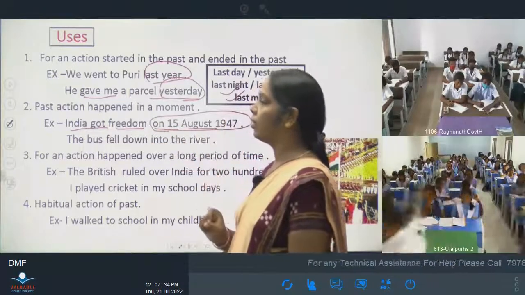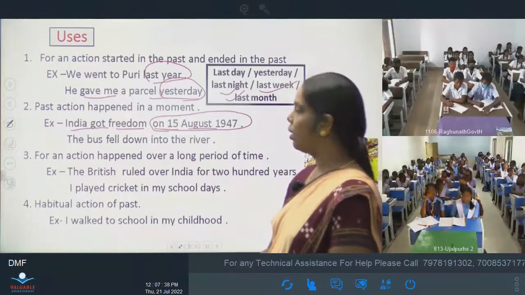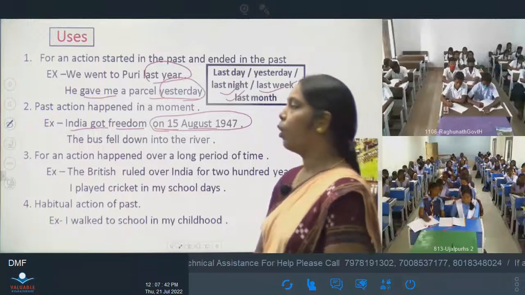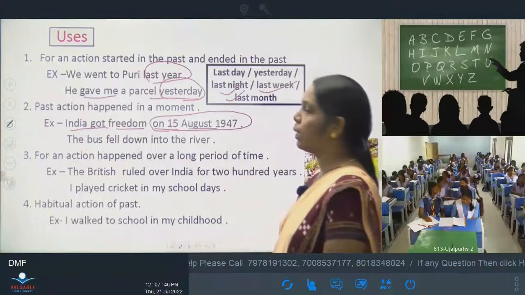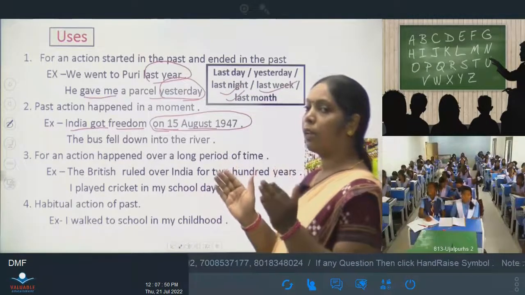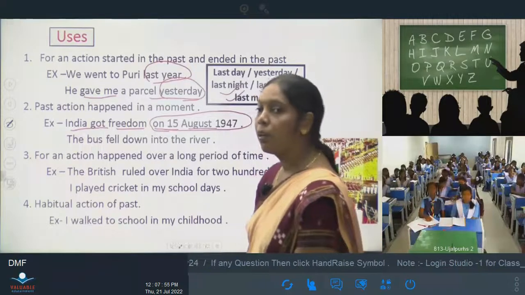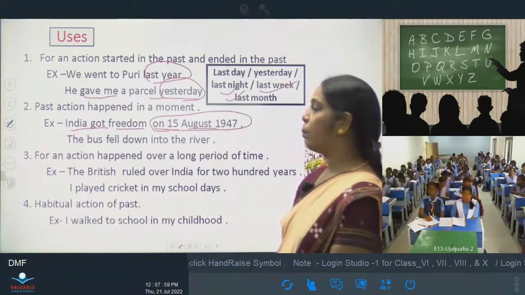You can't change it. So in this case we use past simple tense. We use past simple tense for an action happened over a long period of time. ଅତୀତର କୌଣସି ଲମ୍ବା ସମୟ ବ୍ୟବଧାନ ଧରି ଚାଲିଥିବା ଘଟଣା ପାଇଁ ଆମେ past simple କୁ ପ୍ରୟୋଗ କରିଥାଉ। Now look at the example.